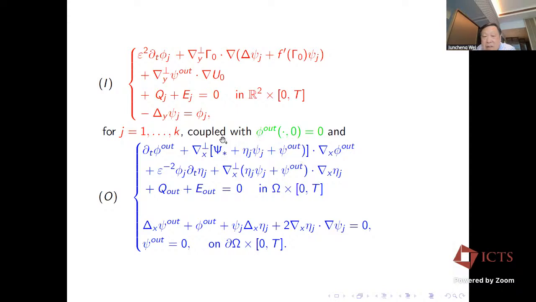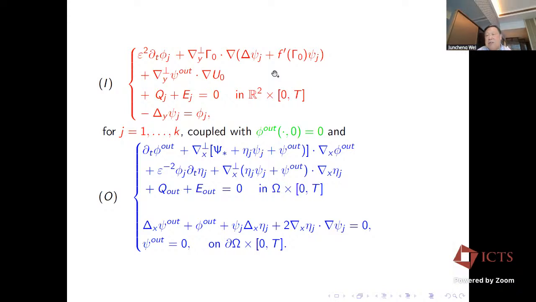Of course we also have these cutoff functions, just like in the parabolic GUI or the elliptic GUI. We have the outer to inner, and the inner to outer, so we have this type of coupling.